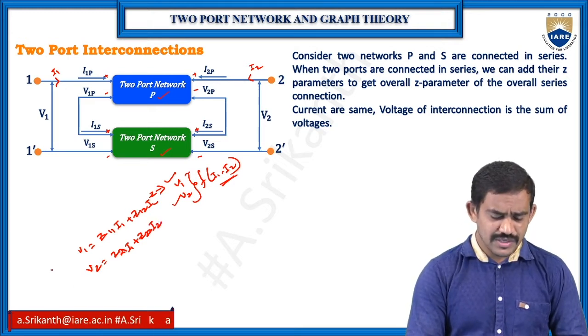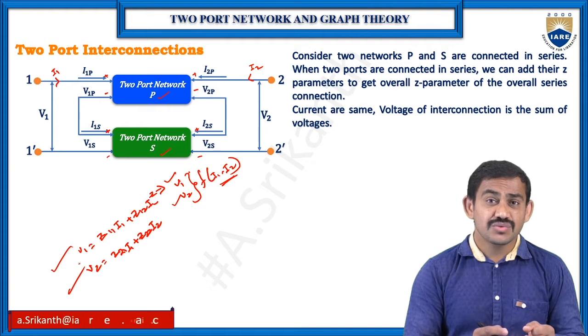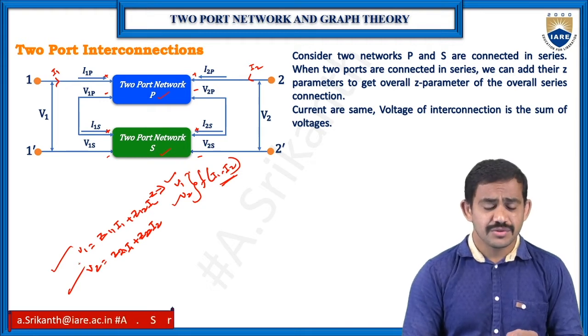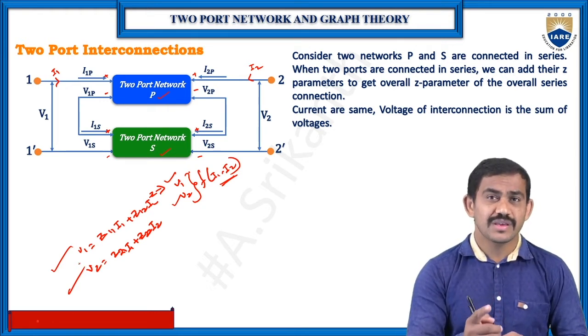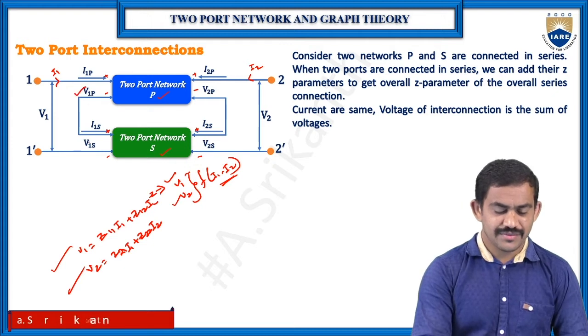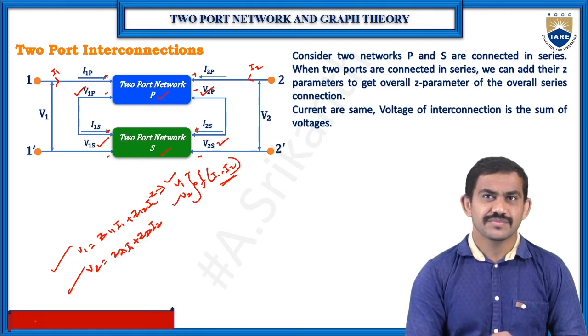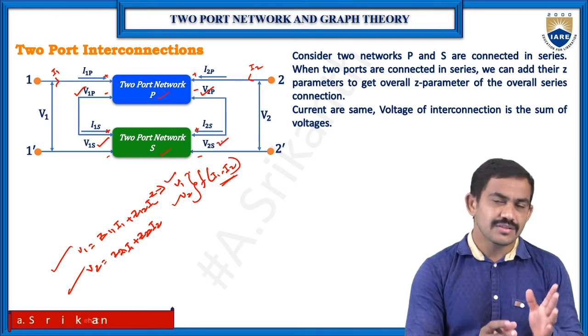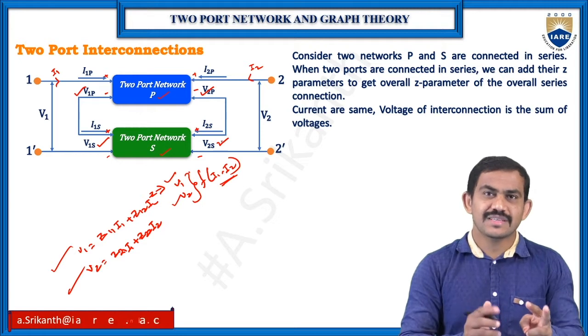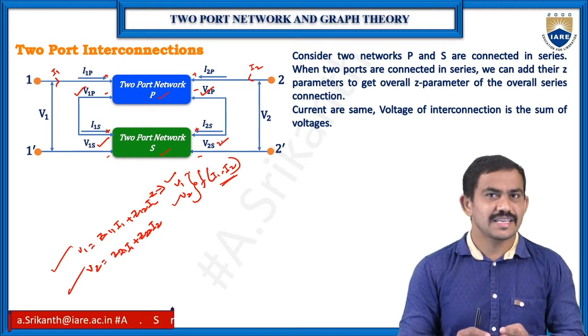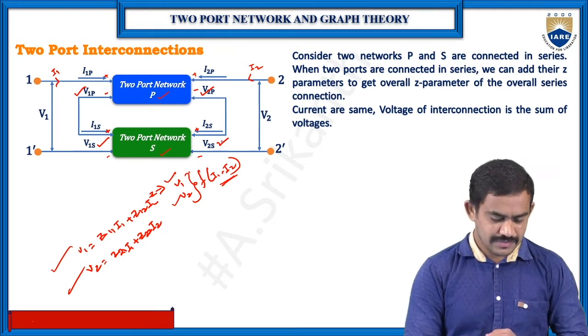We have two equations, for V1 and V2. For the P network we have V1 and V2, and the same for the S network. Just write those values, the impedance values for the P network and the S network.